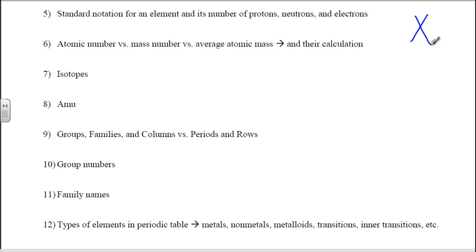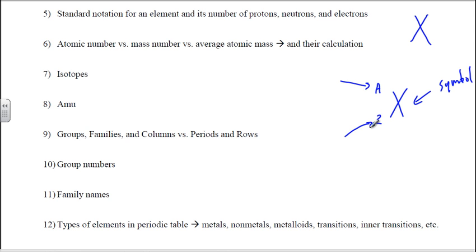We said X. I'm going to write it down here, actually. So we said X with A and Z, or A and B. It could be Y, it could be anything, but X is your chemical symbol. So like sodium, or C for carbon.